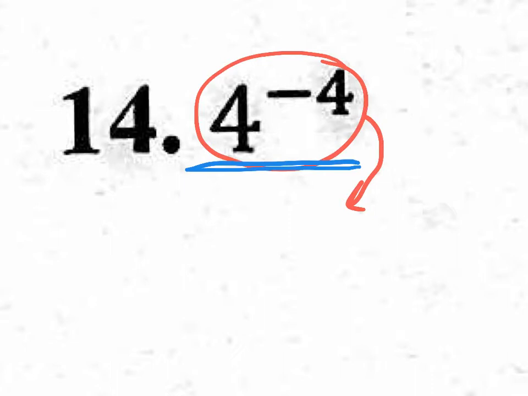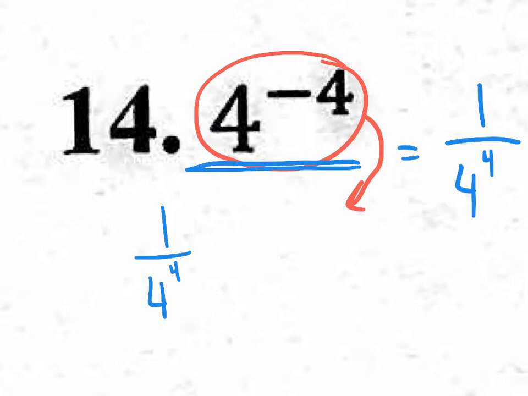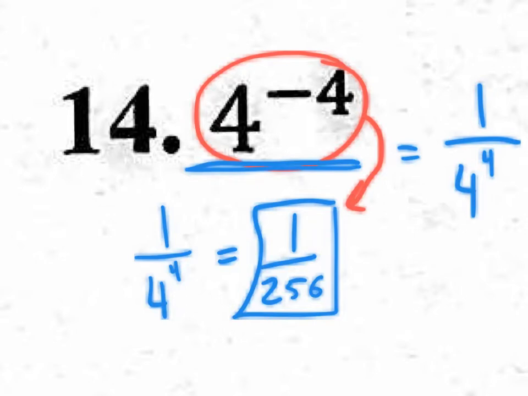So up on top, since there's nothing left after you move it, you're going to have a 1 up there. And then at the bottom, you will have the 4 to the 4th power. So your answer is 1 over 4 to the 4th. And on a calculator, you could go 4 to the 4th power and find out that that's 256. So 1 over 256 is your answer.